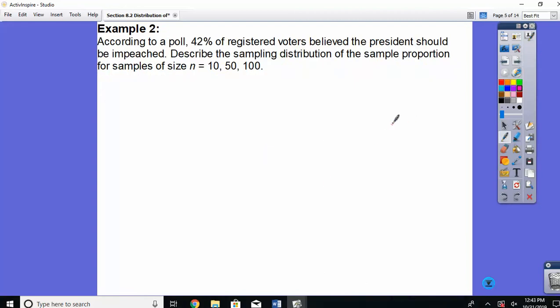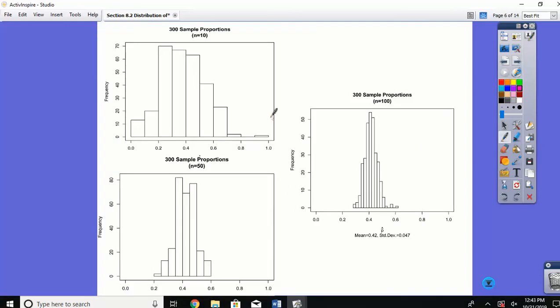I'm going to show you some graphs here, so we're not necessarily writing out, we're trying to make some conclusions. According to a poll, 42% of registered voters believe the president should be impeached. Describe the sampling distribution of the sample proportion for samples of sizes 10, 50, and 100. So I put graphs up here.